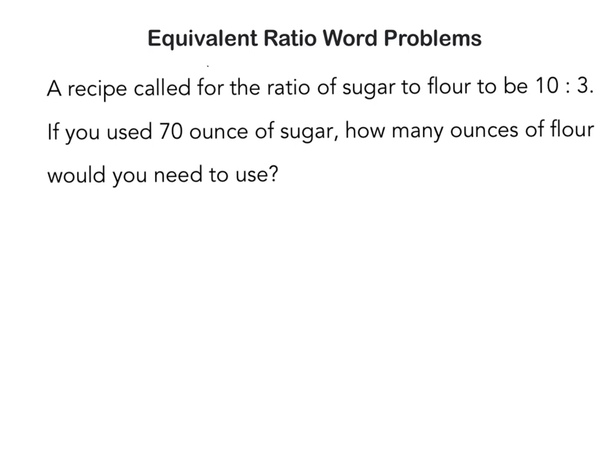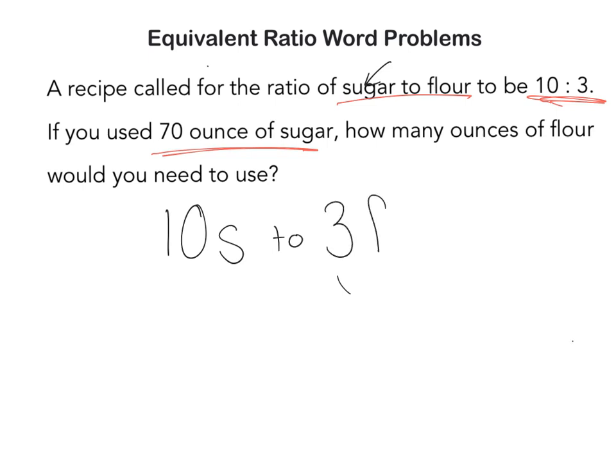Okay, welcome back. Hopefully you paused the video and tried this one on your own. If you had a piece of paper, you could underline sugar to flour, that's important, 10 to 3, and you're using 70 ounces of sugar. How many ounces of flour? My original ratio would be 10 sugar, because sugar came first in that ratio, to 3 flour.